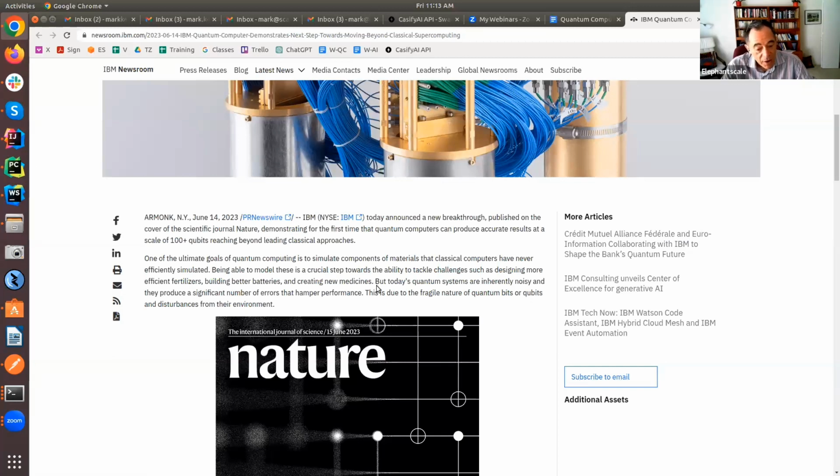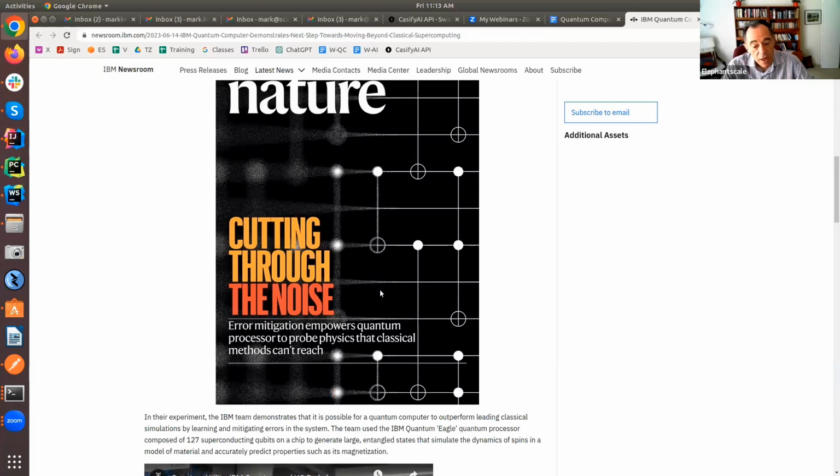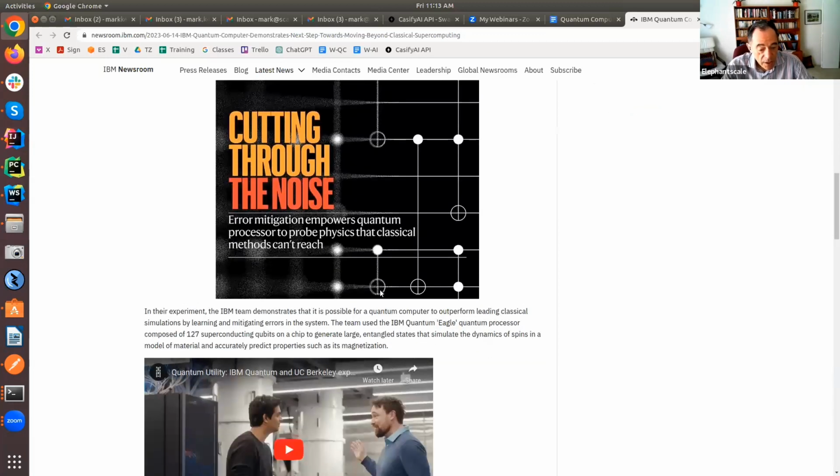Well, not very encouraging. And so to get into anything real, you need to compensate for noise. That's what they did. They measured the real results on the cluster, and they measured the results on the quantum computer using this Eagle processor of 127 qubits.